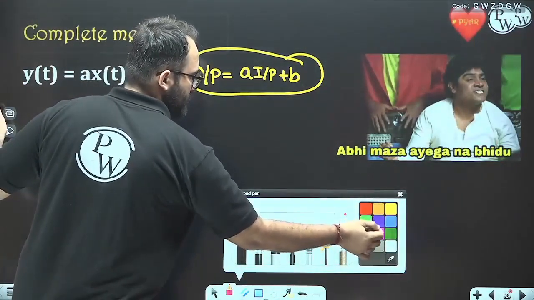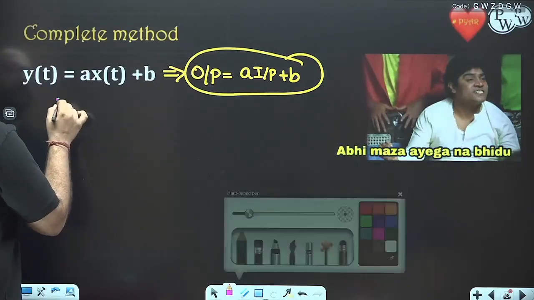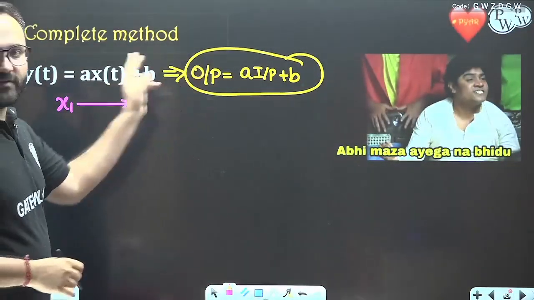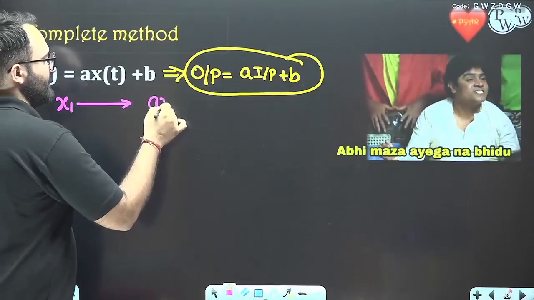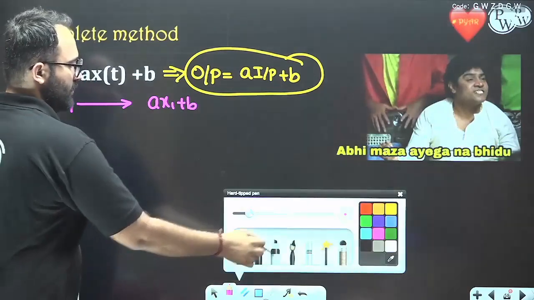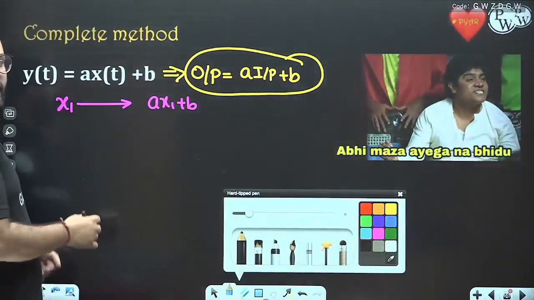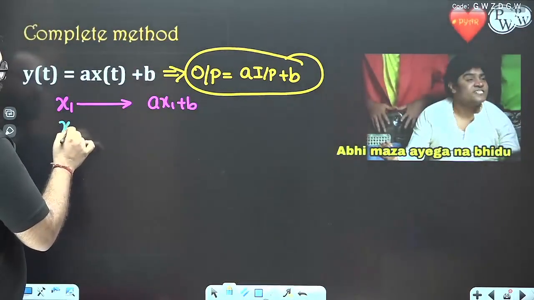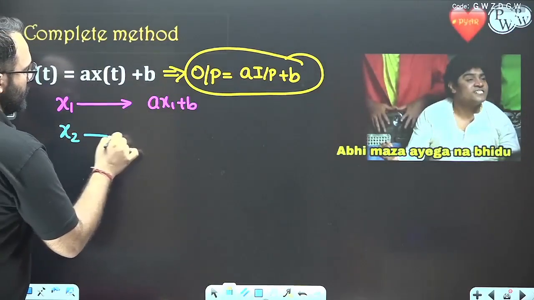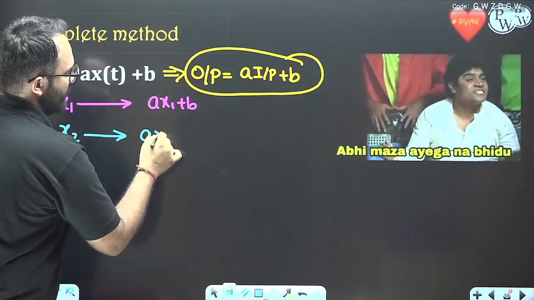Now, let's see the steps. If we give x1 as the input, the output will be a times the input plus b. So the output will be a times x1 plus b. Now, if we give the input x2, then the result will be a times the input plus b.